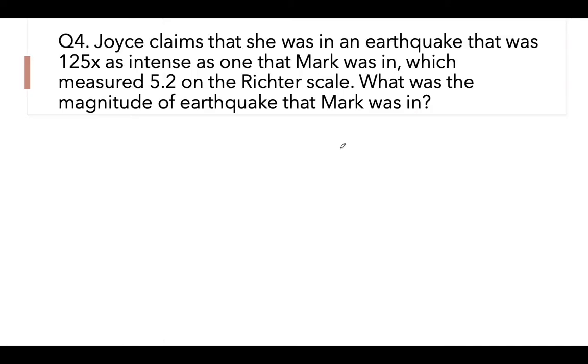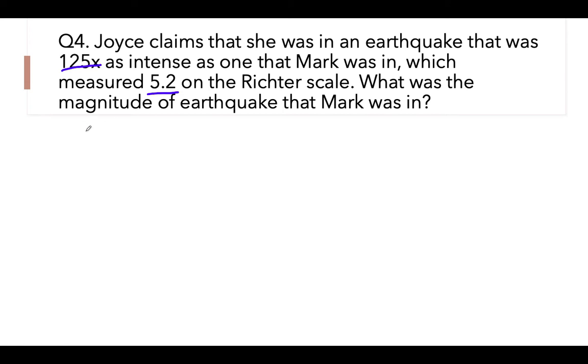So let's try incorporating this into word problems to build understanding. Joyce claims that she was in an earthquake that was 125 times as intense as one that Mark was in, which measured 5.2 on the Richter scale. What was the magnitude of the earthquake that Joyce was in? Okay, so this question talks about how many times louder it was, which is 125 times.